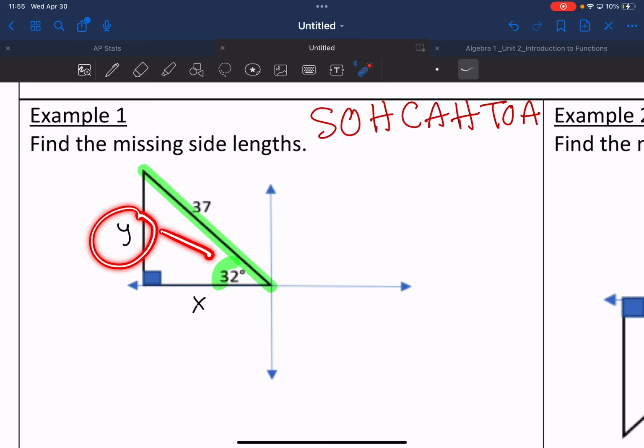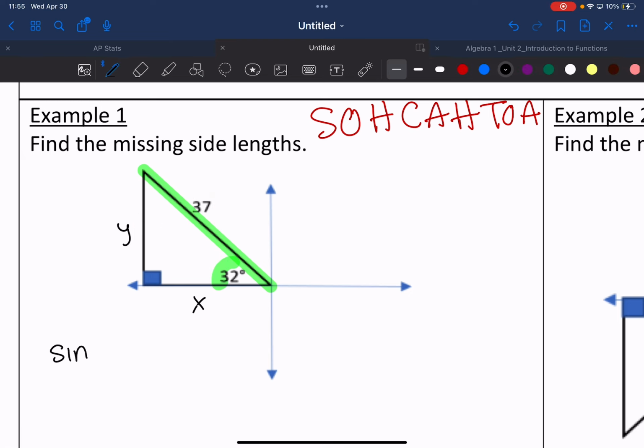So that means we have something that is opposite of our angle, and we also have the hypotenuse. So which of our functions gives us opposite and hypotenuse? The sine. Good. So we would write this as the sine of theta is equal to opposite over hypotenuse.